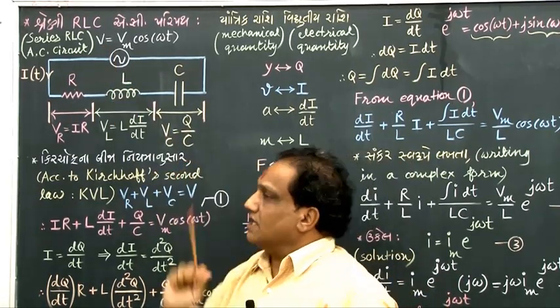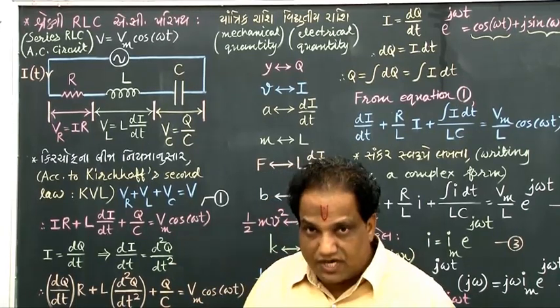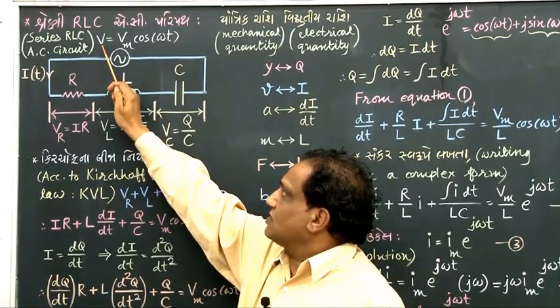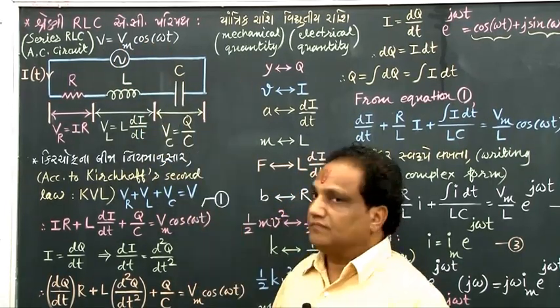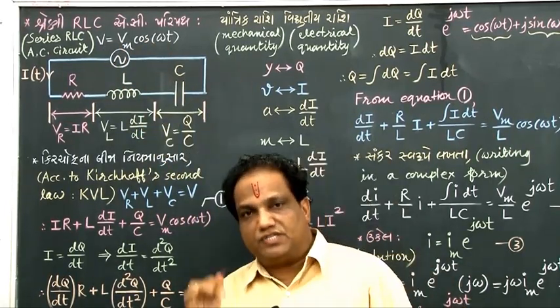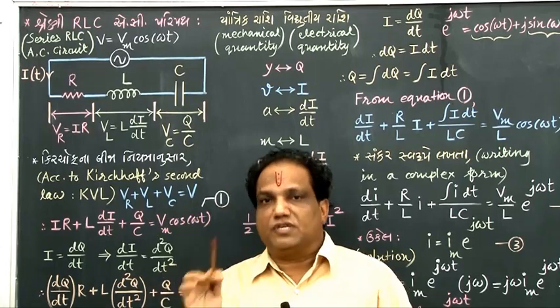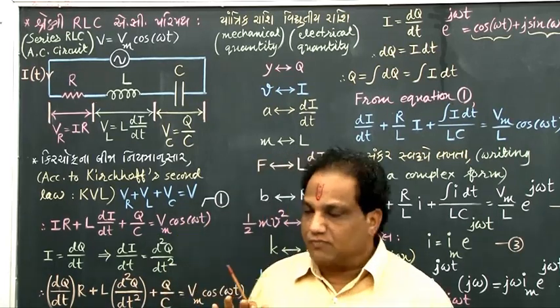AC source delivers alternating voltage, which is given by this equation, V equals Vm cos omega t. You know alternating voltage changes periodically. We just use that equation according to textbook.